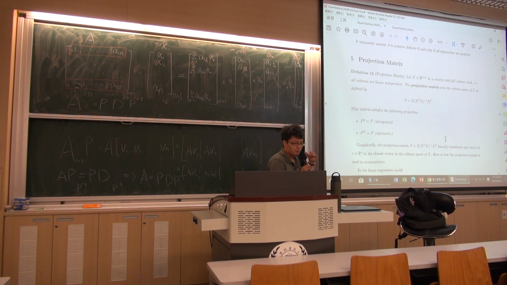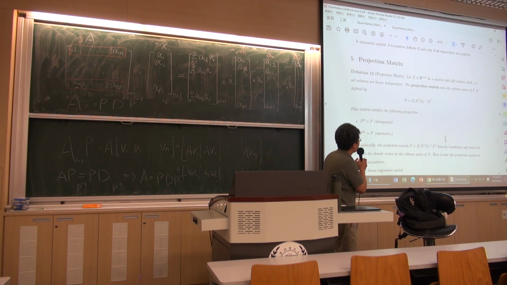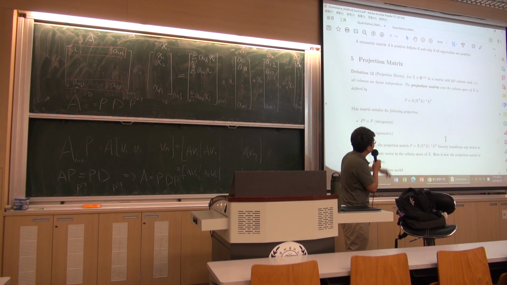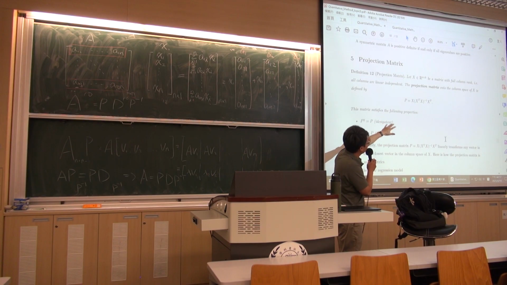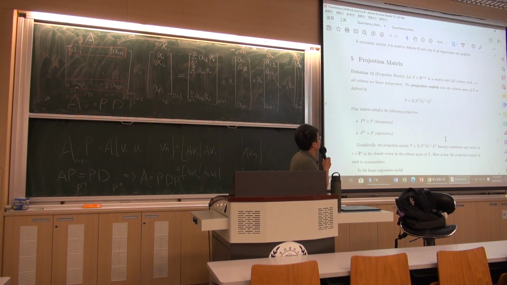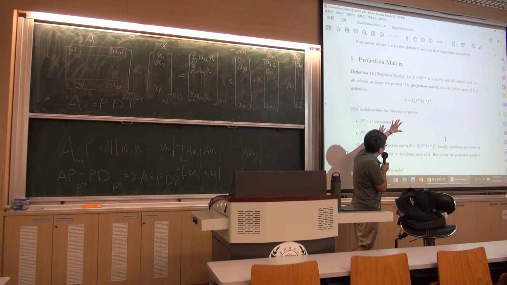This is the projection matrix of X. It looks this way, and X has to be full rank, meaning that all columns are linearly independent. Okay. And what does this matrix do?